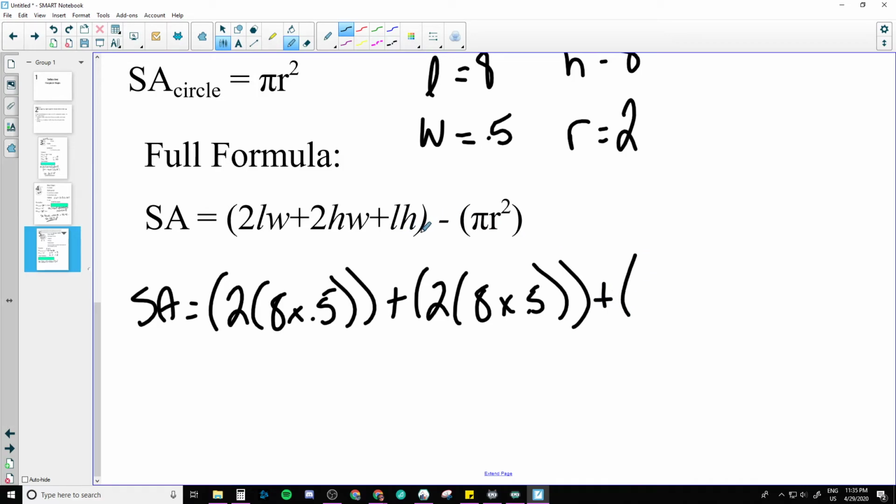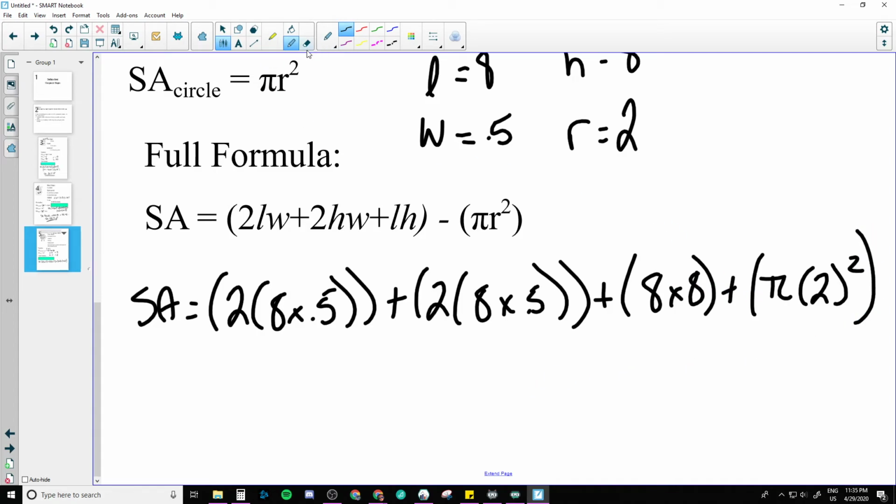So it's not 2, just length times height. So 8 times 8, and then pi r squared. Pi 2 squared. This is not plus though, this is minus. Again, really important for us to remember whether we are adding or subtracting things. Don't just allow yourself, like I just did, to go on autopilot and throw in signs that don't belong there.